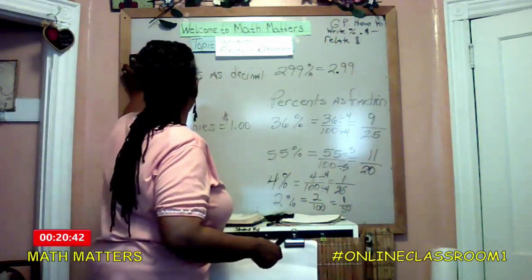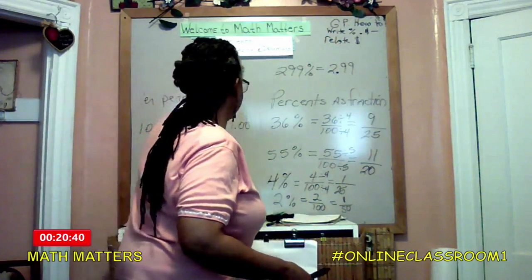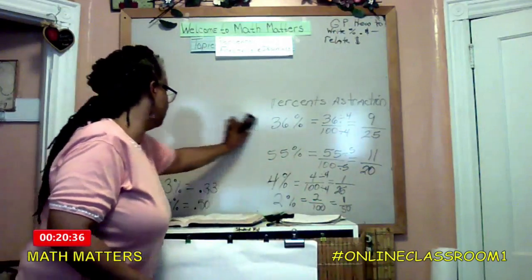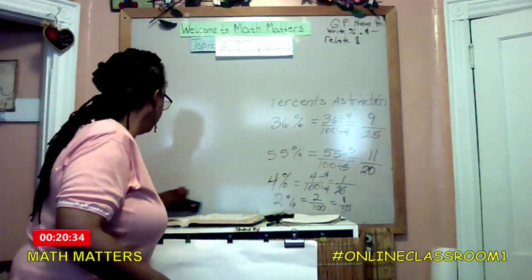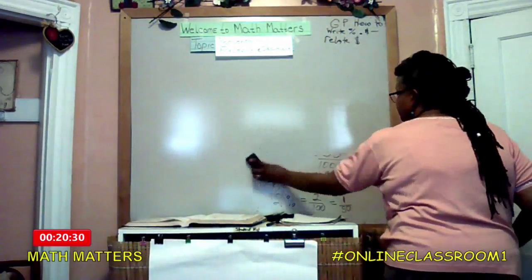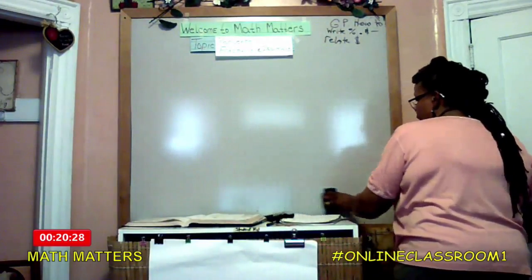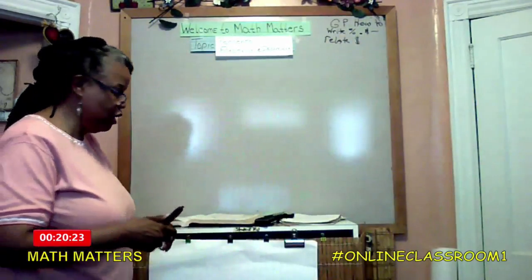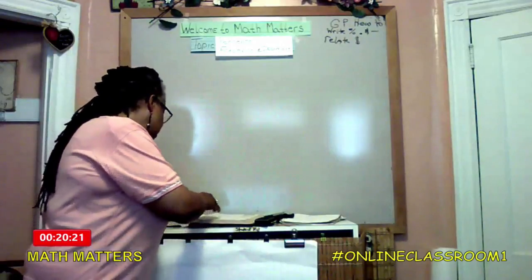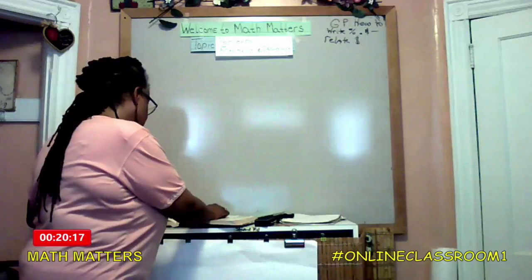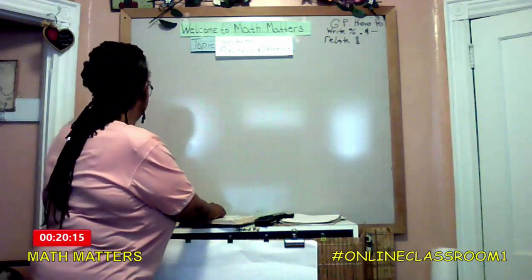Okay, writing is where we are today. We're writing percents, fractions, and decimals that are equivalent. I'm loving this. We're laying foundations. Let's write each percent as a fraction in simplest form.